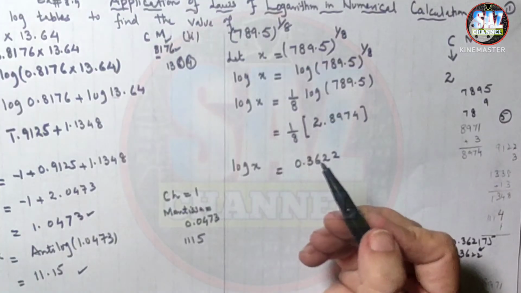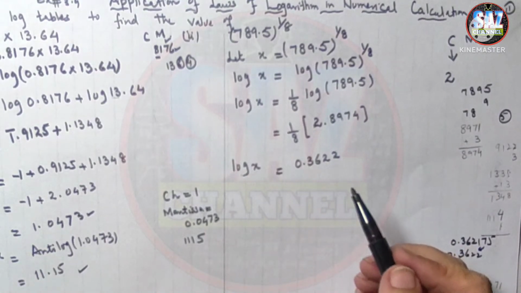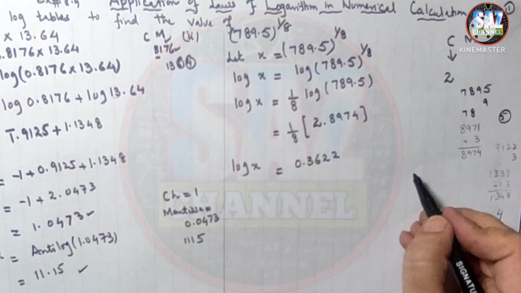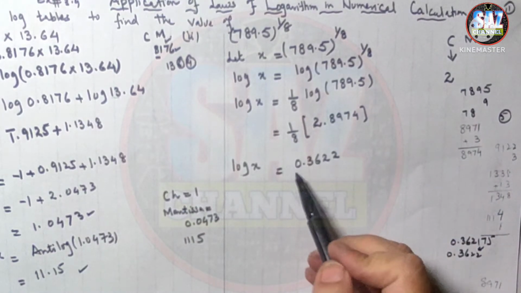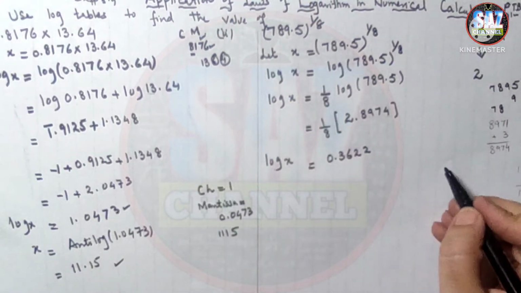Again I need to find the number whose log is this, so I have to take the antilog of this. For that, what is the characteristic of this number?